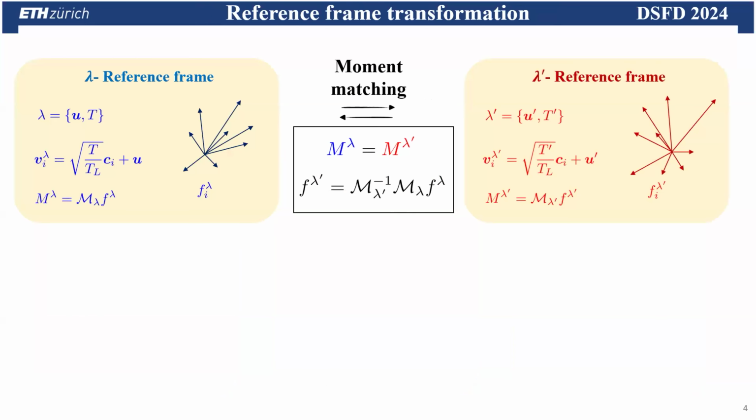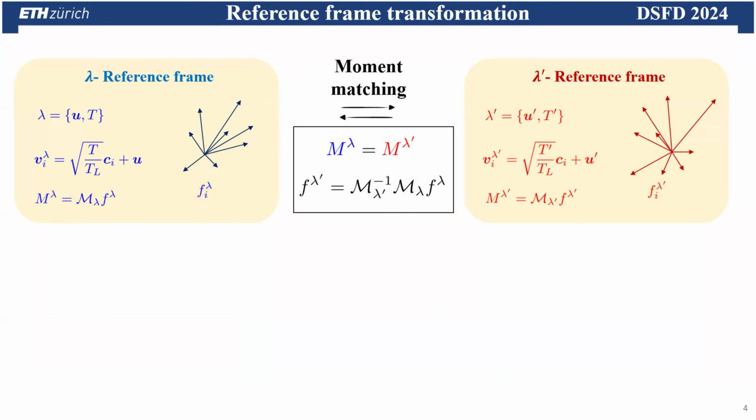Given that PonD operates with an adaptive frame, it is crucial to establish a representation of populations with respect to different frames. This is termed a reference frame transformation and is the backbone of PonD. Now we assume that we are given a vector of populations defined with respect to a certain frame called lambda, and from that we can linearly construct moments as a matrix multiplication.